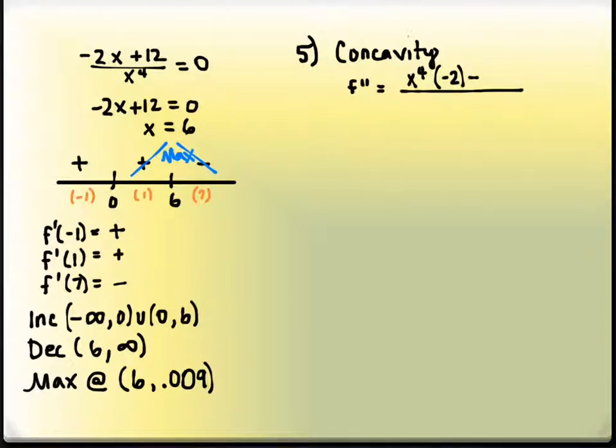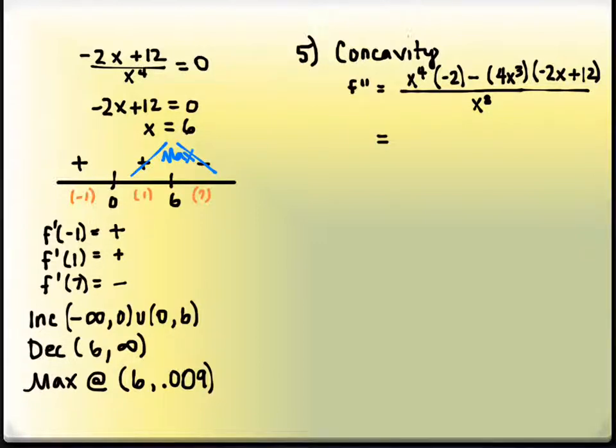Now what? 4x cubed. Okay, the derivative of the denominator. Times. I think it's negative 2x, right? Yeah, negative 2x plus 12, over what? X to the 8th. It'd be x to the 4th squared, which is x to the 8th.